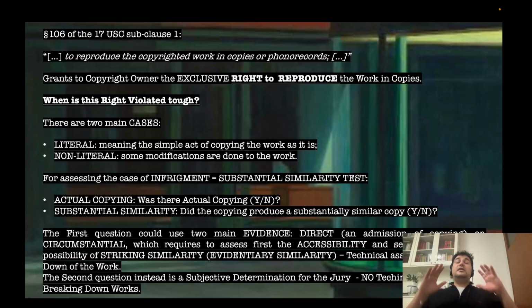The jury has to decide about the topic without any external help, basically taking the work as a whole and seeing if there is striking similarity, evidentiary similarity or not, while the accessibility is assessed by the judge. So, whether the infringer had the possibility to actually copy the work because he could access it.